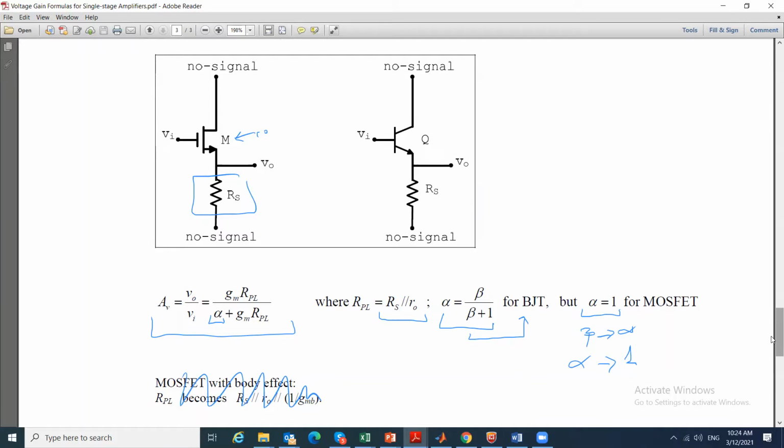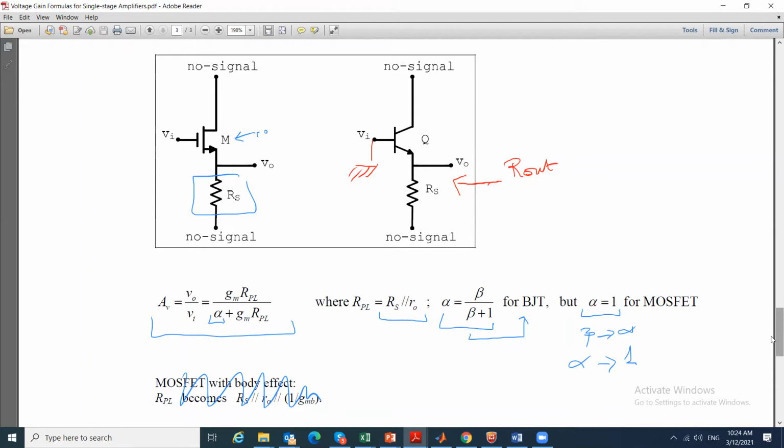But let me ask a question, because later we will derive it in the slides. If I ask you now, what is the output resistance for this circuit? Well, I'm going to look into this transistor. If RS is given as part of the circuit, it is not the load, then we need to count it with it.